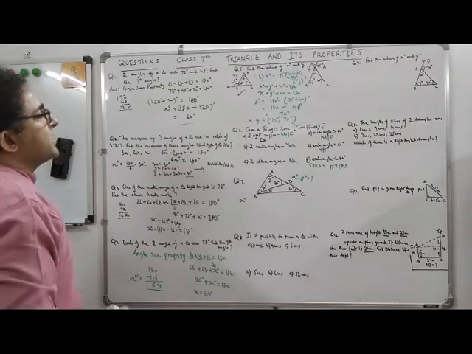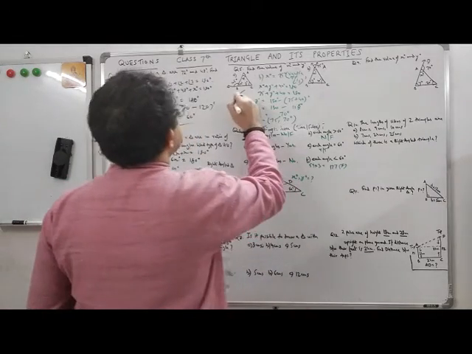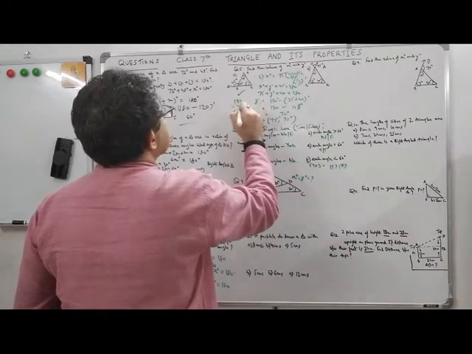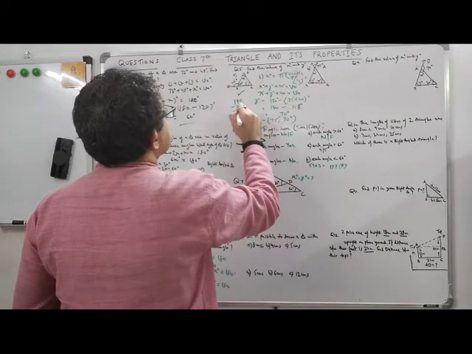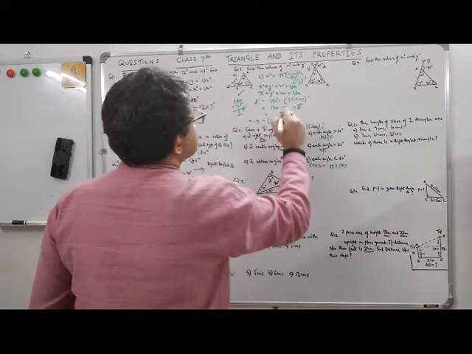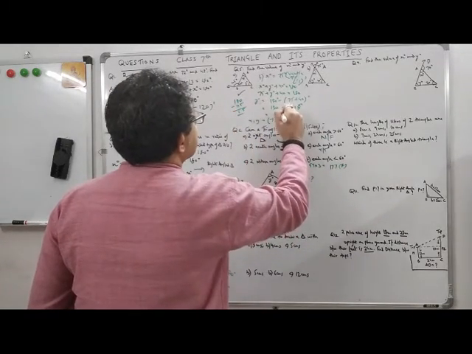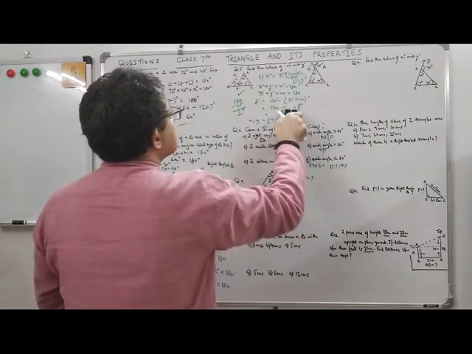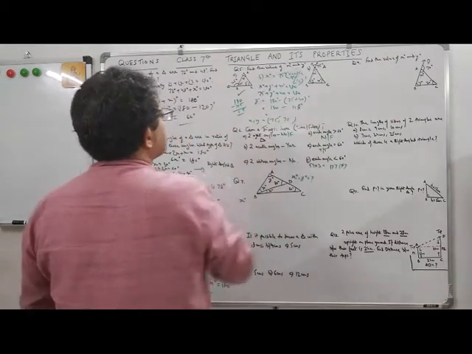So 180 minus 115 is how much? This is 65.